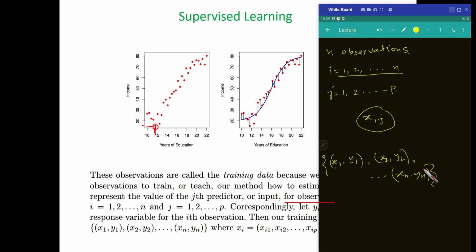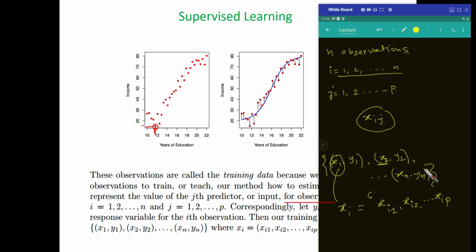But definitely any xi is basically a vector. For the ith observation, the input number is 1, then for the ith observation, the input variable or feature number 2, and in this way for the ith observation, feature number p.